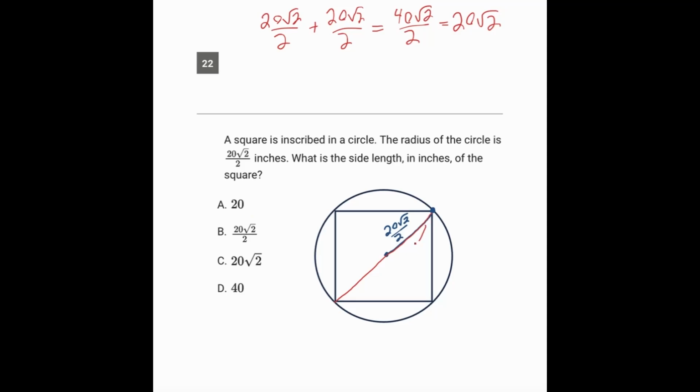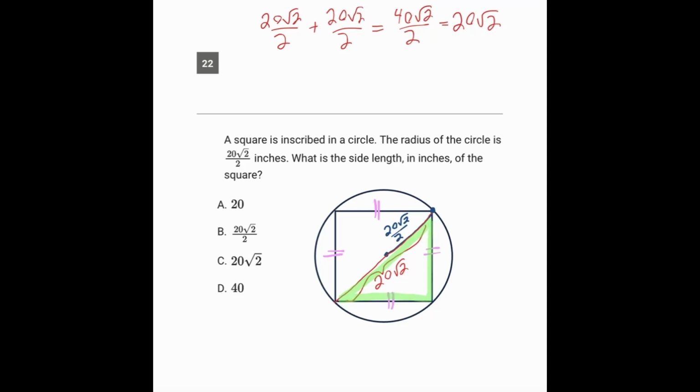So we now know that the hypotenuse of this right triangle is 20 root 2 without the denominator. Now that hypotenuse, the diameter of the circle, is part of an isosceles triangle. Because what is a square after all? It's a rectangular shape where all 4 sides are the same length. And so by that token, this green triangle right here is an isosceles triangle.